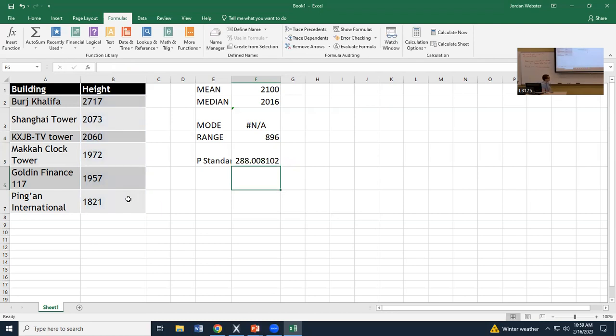Standard deviation is 288 point, essentially 0.1. Is that nice? So if you know those formulas, if you know what to type in Excel, our measures of central tendency and our spread measures can be calculated for us.